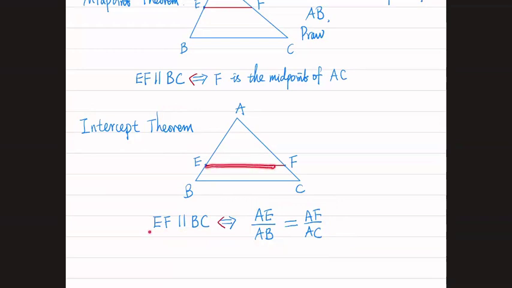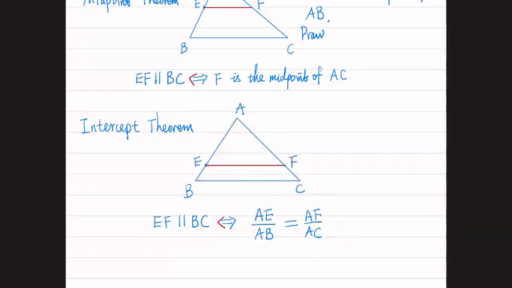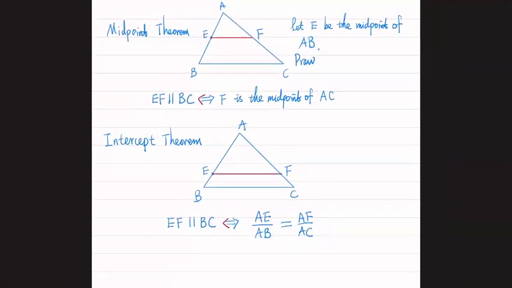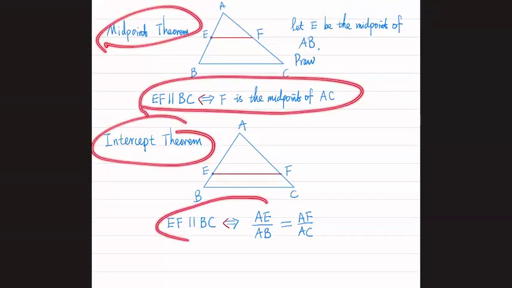The two lines being parallel is necessary and sufficient for the two ratios to be the same. If we compare these two theorems, there are similar conclusions, but this is more general. This is a special case.